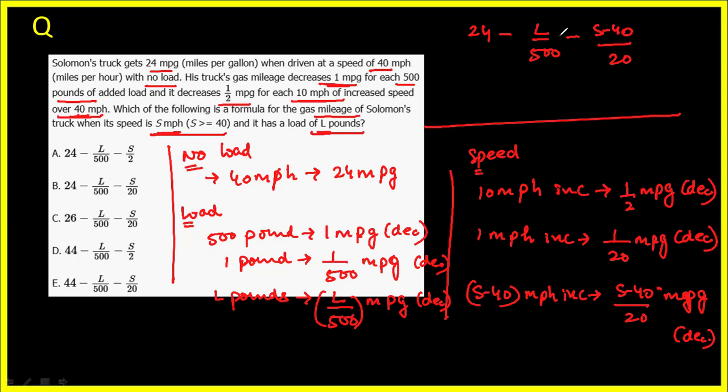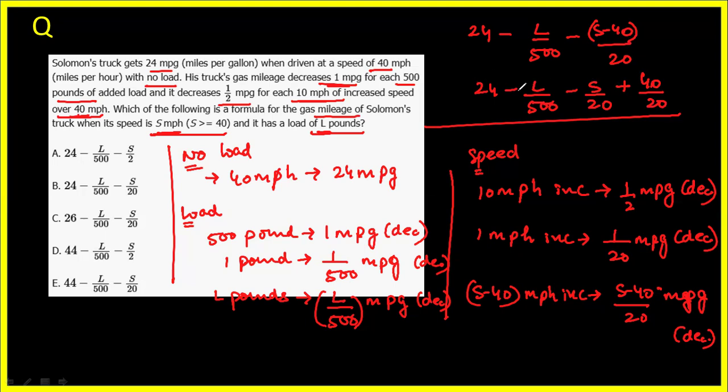Now, let's solve this. So 24 minus L upon 500, minus (S minus 40) upon 20. S minus 40 over 20 can be written as S over 20 minus 40 over 20, since 20 divides S and 20 divides 40 as well.